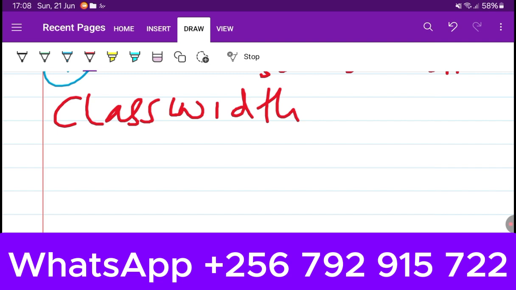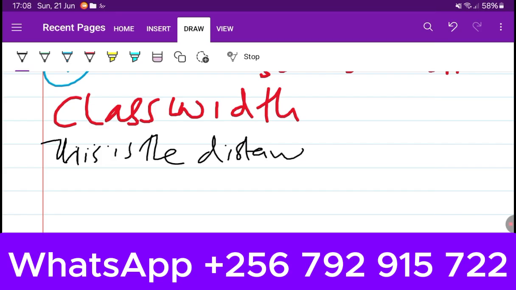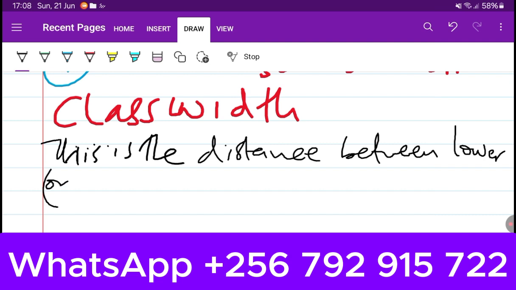Class width, class interval, class length, they mean the same thing. Now, of course, the class width is the distance between lower, or let me put this one in brackets, or upper.